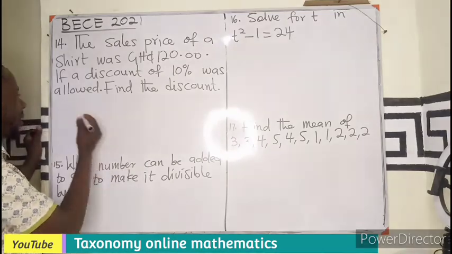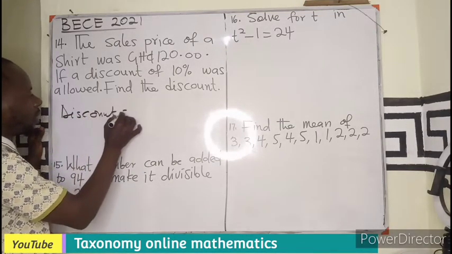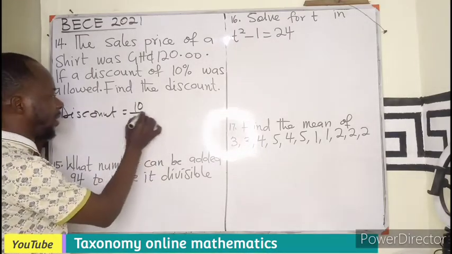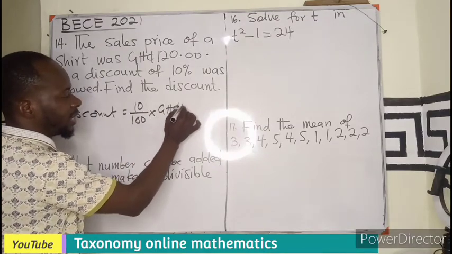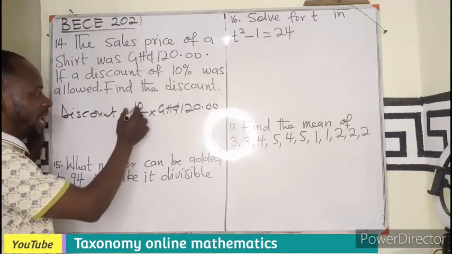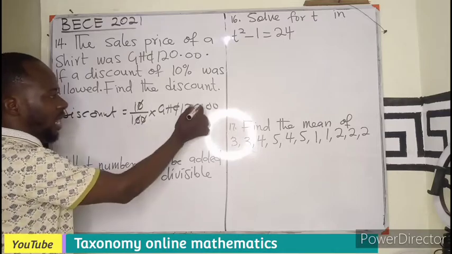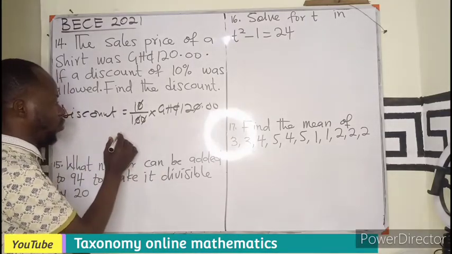So the discount we are looking for is just 10%, and 10% means 10 over 100 of the price of the shirt, which is 120 Ghana cedis. Per cancellation, this zero will cancel this zero.